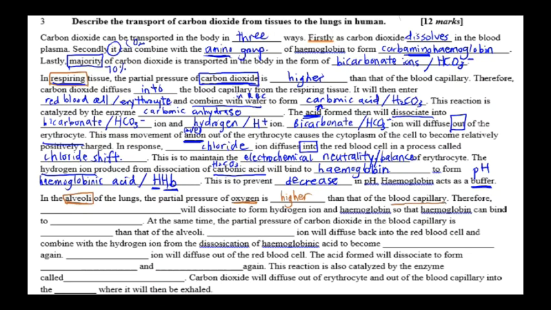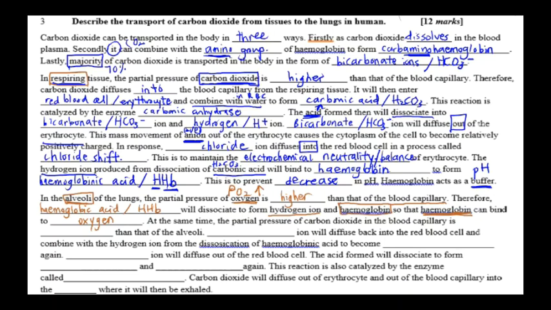So the hemoglobinic acid, the one that we mentioned just now, and again you can just write HHb, will dissociate to form hydrogen ion and hemoglobin, so that the hemoglobin can bind to oxygen, because now the partial pressure of oxygen is high. So the hemoglobin is ready to bind with the oxygen.